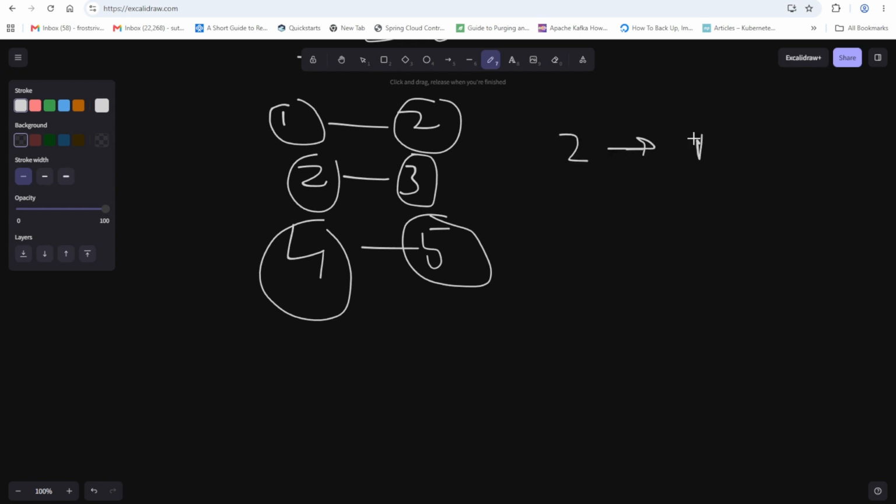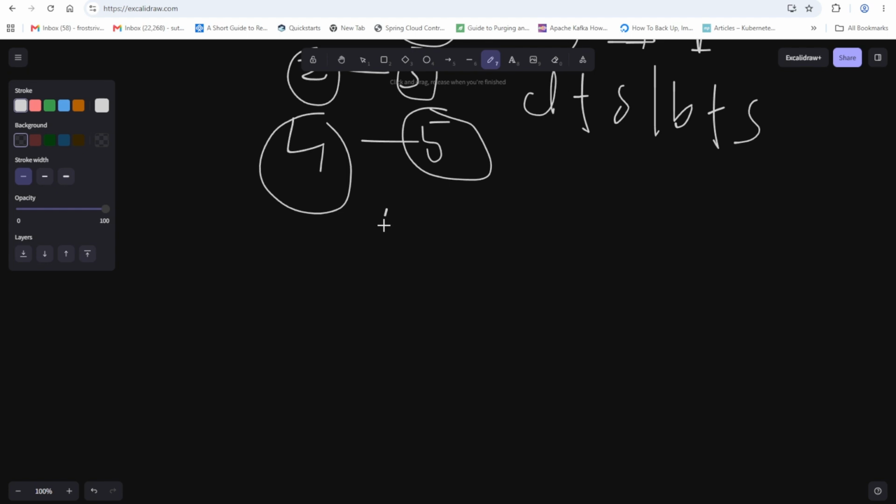Whoever has done graphs can simply say that okay, we will run BFS or DFS and find whether 2 is connected to 1 or not. Similarly, if somebody asks whether 2 and 3 are connected, then again we will run DFS or BFS to find the same, right?